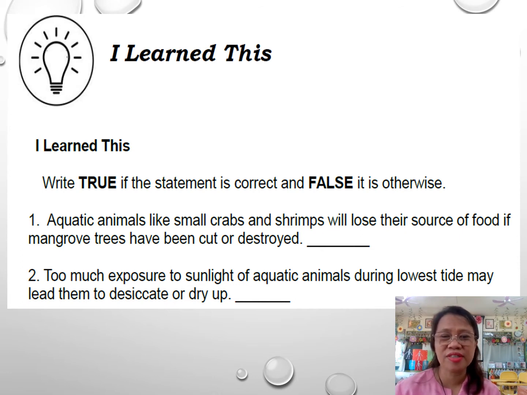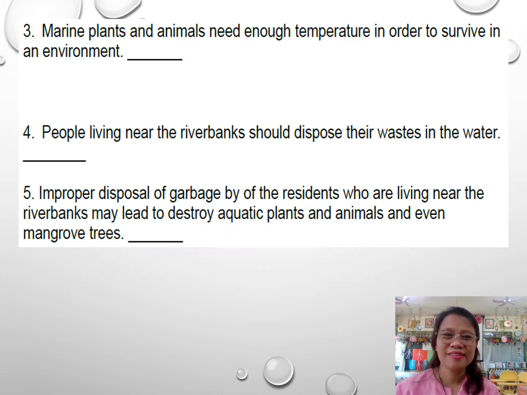True or false? Number 3, marine plants and animals need enough temperature in order to survive in an environment. True or false?